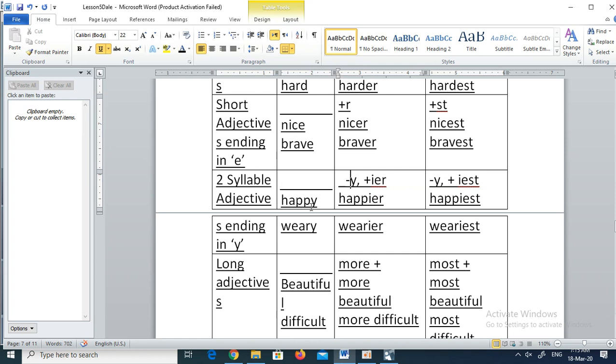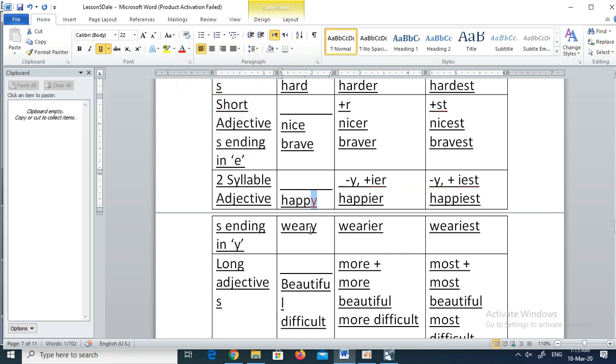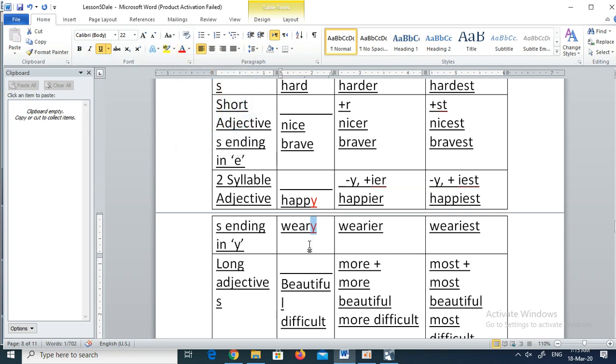So where in the positive degree it ends with that letter Y, we drop that letter Y in the comparative and in the superlative degrees.